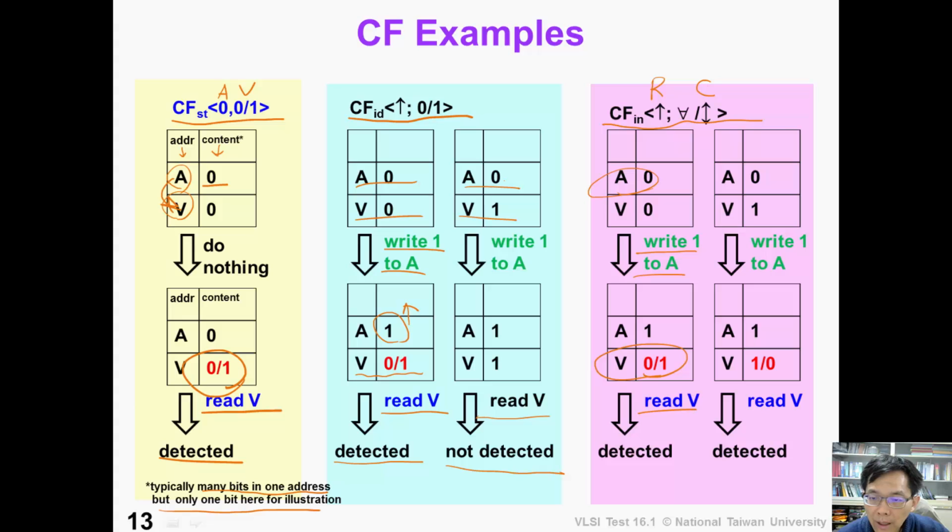So when we read the value of the victim cell, we detect the fault. Again, for the same initial value here, when we write the 1, the victim cell would be complemented. In this case, it's changed to 0, so we can still detect the fault.